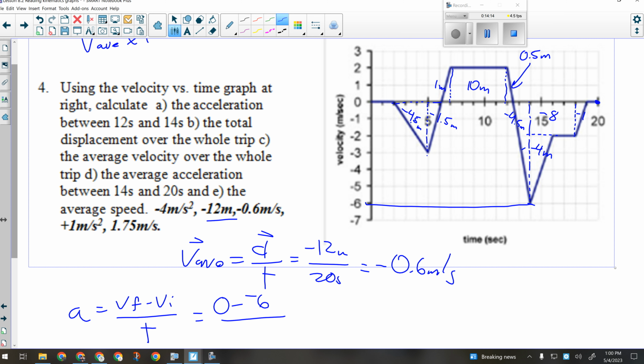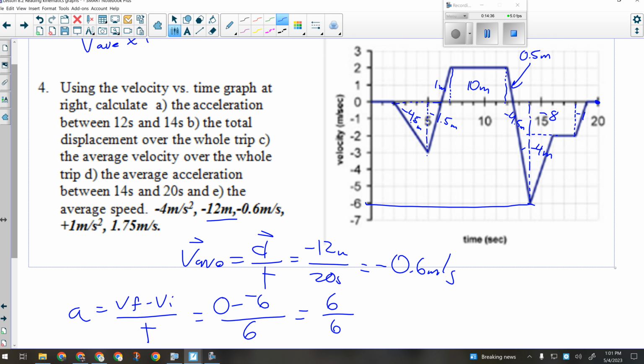And between 14 and 20 seconds are how many seconds? 6 seconds. So 0 minus -6 is going to be +6 over 6 seconds. That looks like it would be an acceleration there of, for part D, +1 meter per second squared.